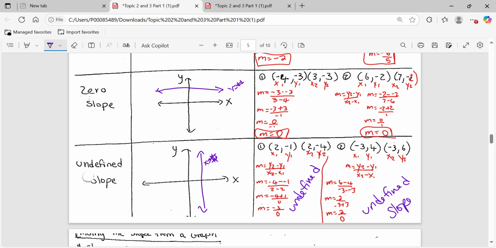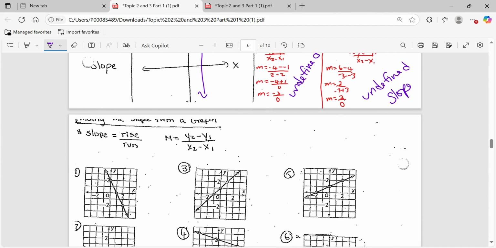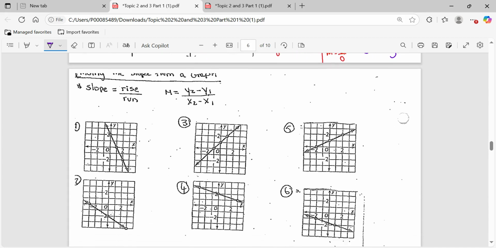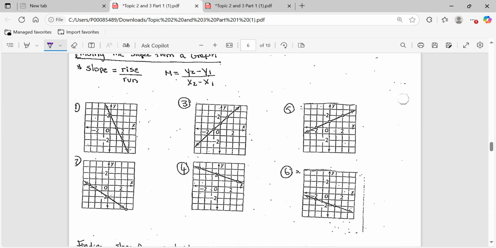Okay, so now we know how to find slope from 2 points. We're going to keep going, and we're going to learn how to find slope from a graph. Now, from a graph, you could also use the points if you can find out what it is. Let's say you want to use that coordinate and that coordinate. Once you have 2 points, you can use the 2 points, y2 minus y1 divided by x2 minus x1.